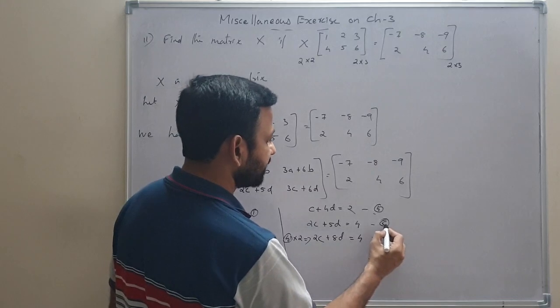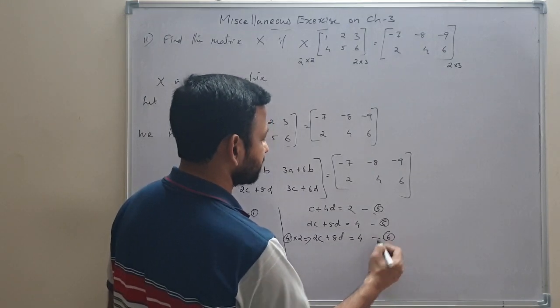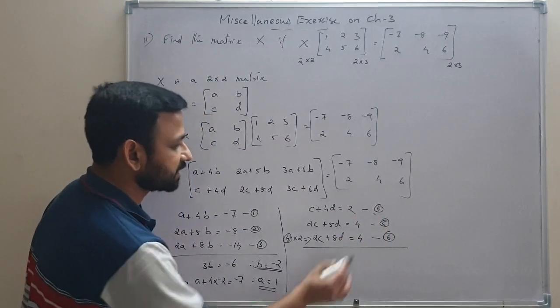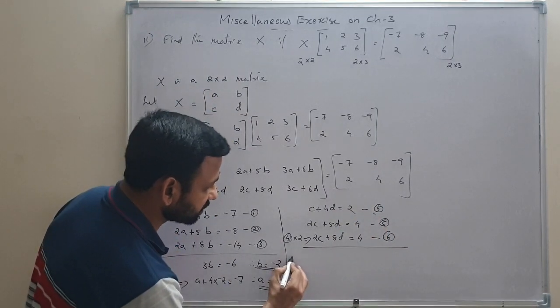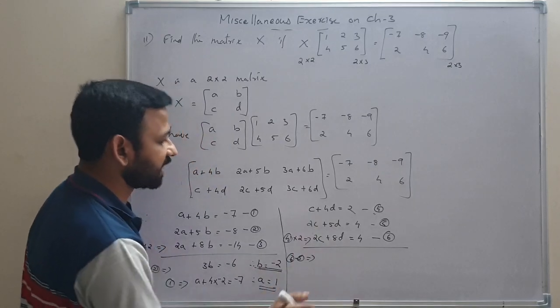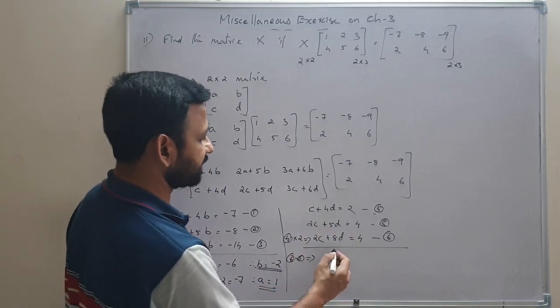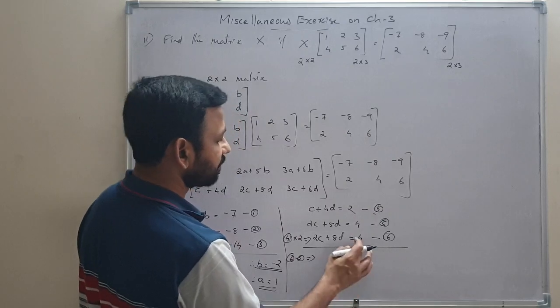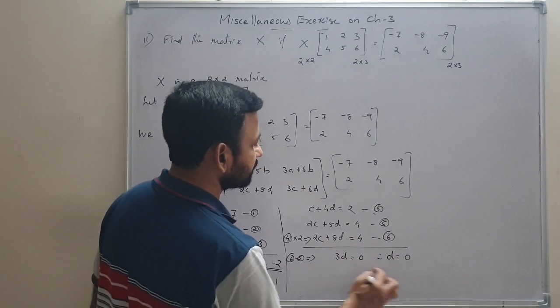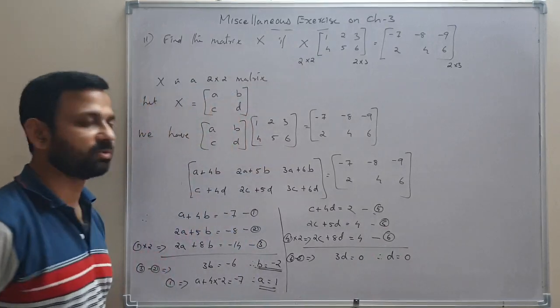So let it be the sixth equation. Now we can find the difference between equation 6 and equation 5. So 6 minus 5 implies 2C minus 2C cancelled, 8D minus 5D, that is 3D, 4 minus 4, that is 0. Therefore, D equal to 0 upon 3, that is 0.